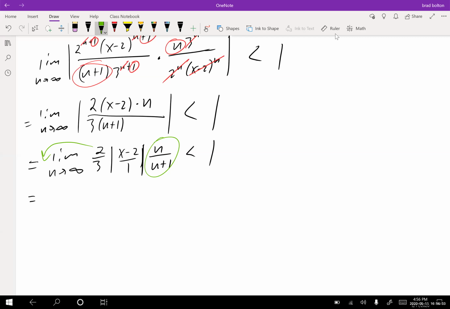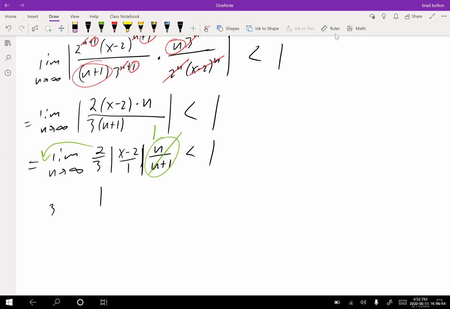So that'll actually just be 1. So we're going to be left with 2/3 times the absolute value of x minus 2, because it has nothing to do with n, right? So we can take that out of the limit, or we could take the limit of it and it would not do anything.